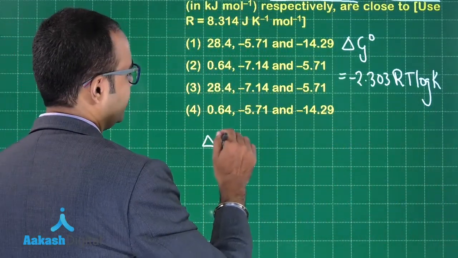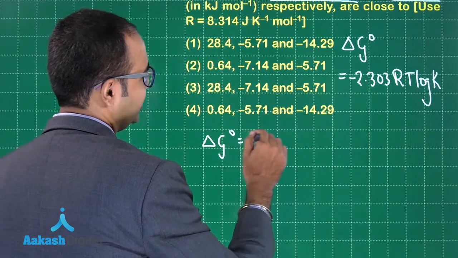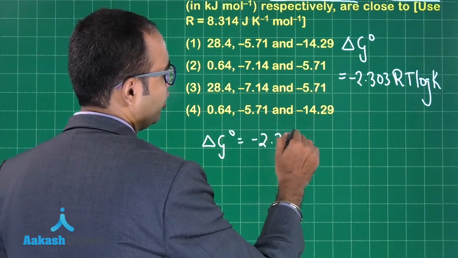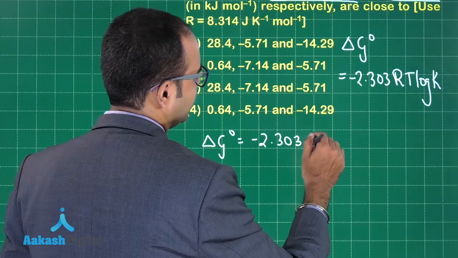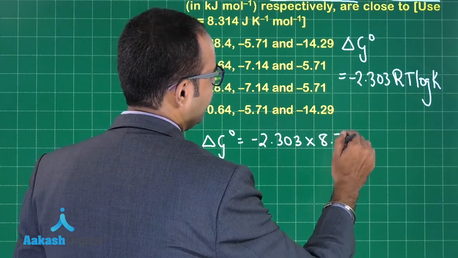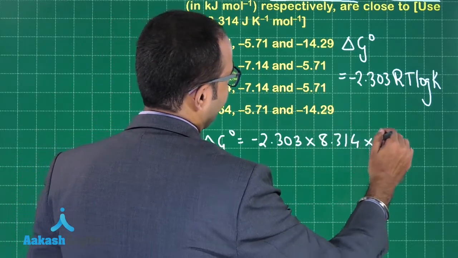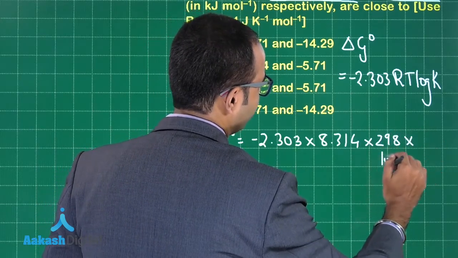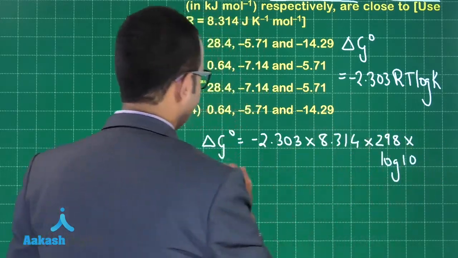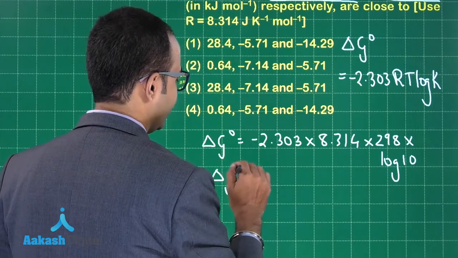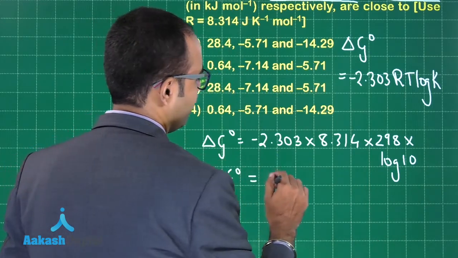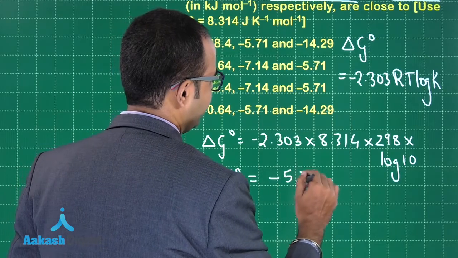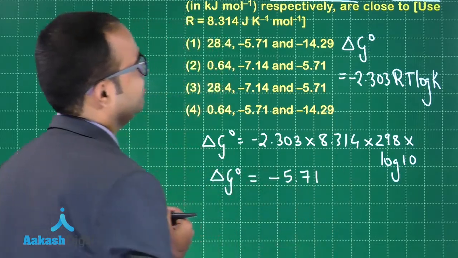So del G naught at 298 is minus 2.303 into 8.314 into 298 into log of 10. If I solve this, what value will I get? I'll get the value of minus 5.71.